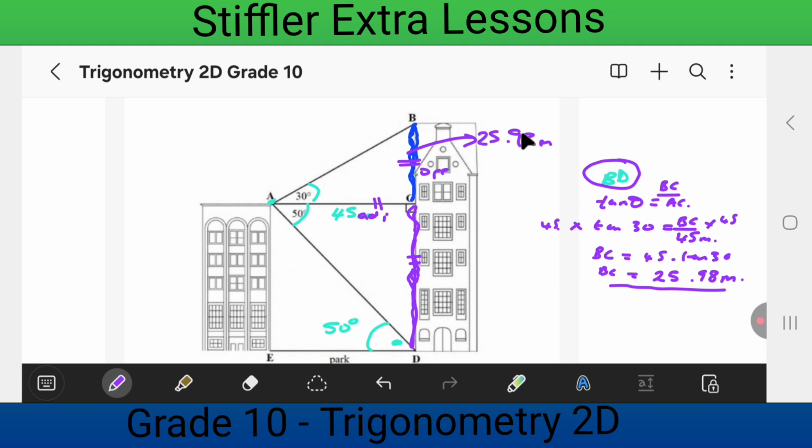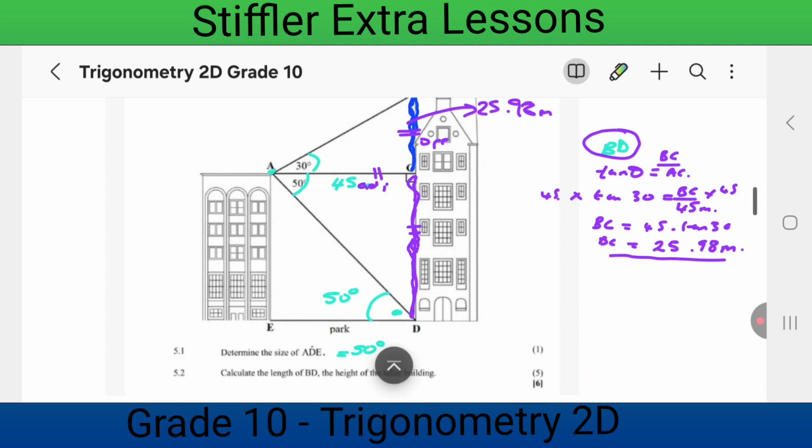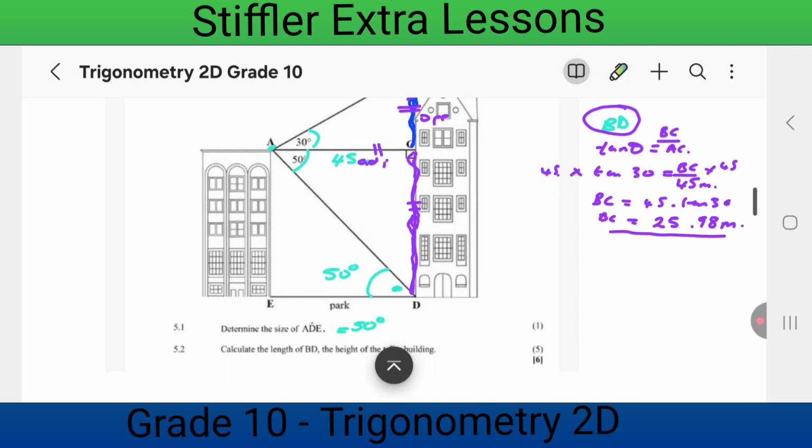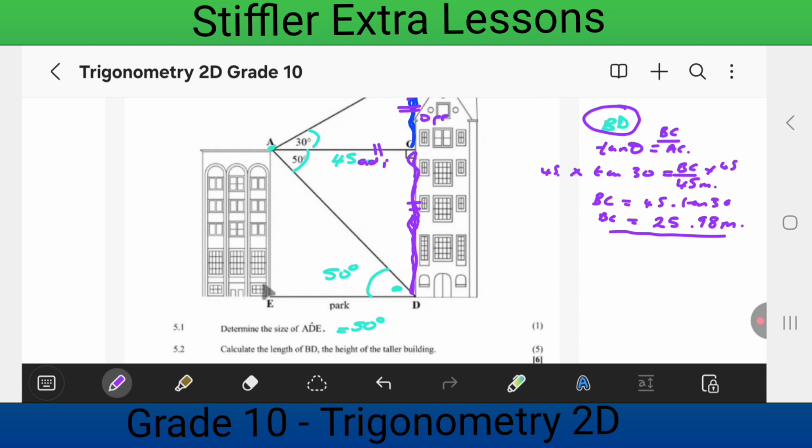So now let's try to find the line CD. If we can find line CD, we can add these two to find the length BD.